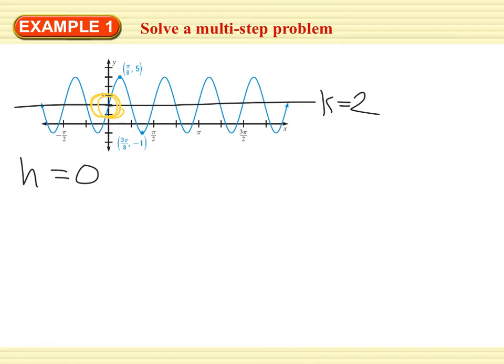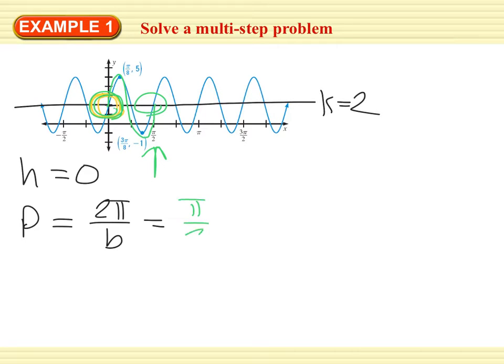Okay, finally amplitude and period. Here we have the period is 2 pi over b. If I look at, I'm going to go in green, 1 full revolution, so here, down and up to there, I can read my graph. My period is pi over 2.